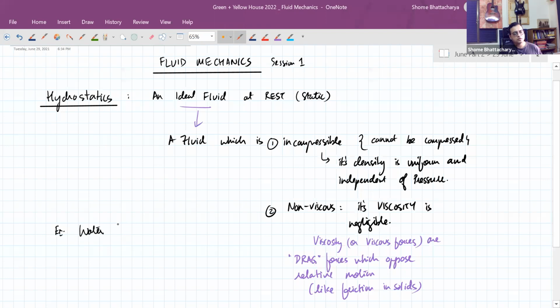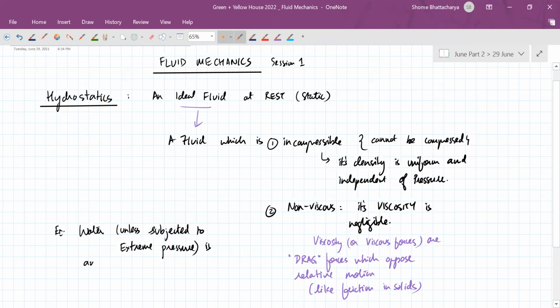Water, unless subjected to extremely high pressure, is an example of an ideal fluid.